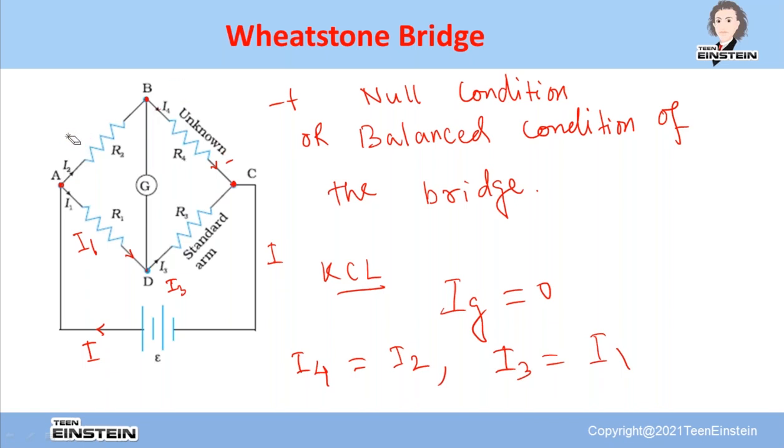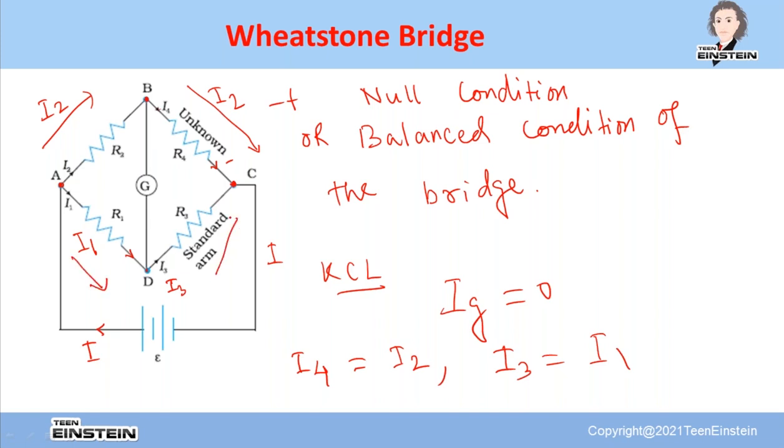That means through A to B and B to C, only one current is going, the same current, that is I2.